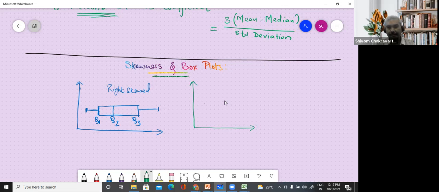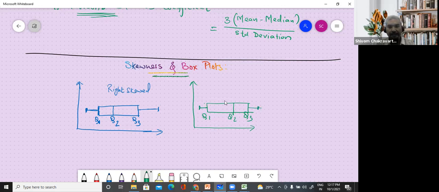Again, we can draw a box plot. Here, in this case, this will be Q1, this will be Q3. But if the data is left skewed, then the left portion will be much bigger, or the left whisker will be much bigger. The whiskers can be equal also. This is one case where the whiskers are almost equal.